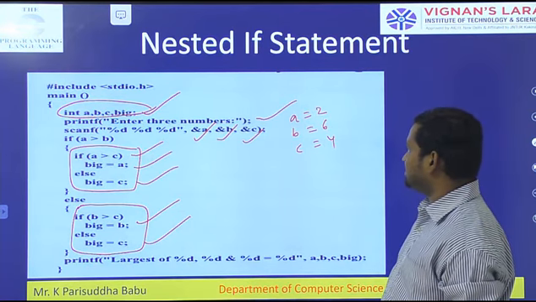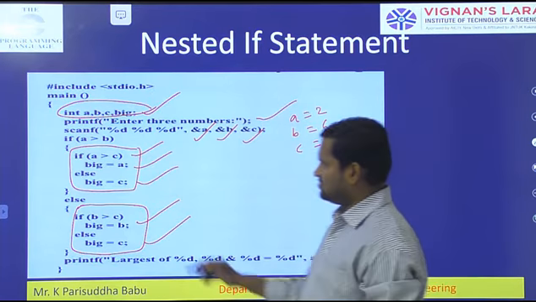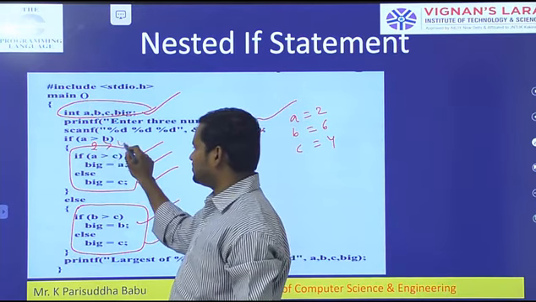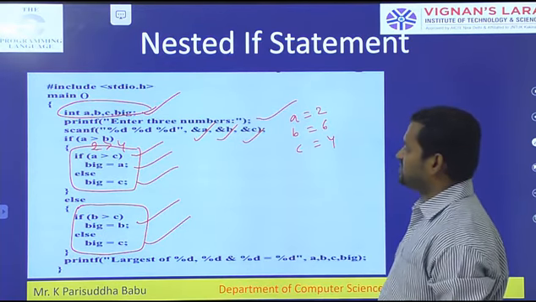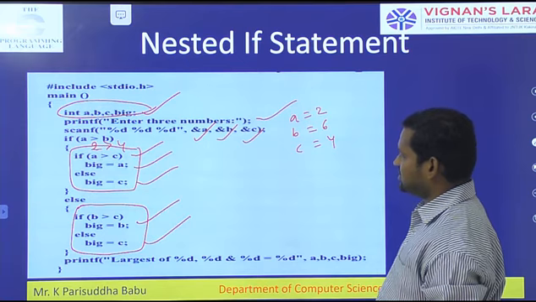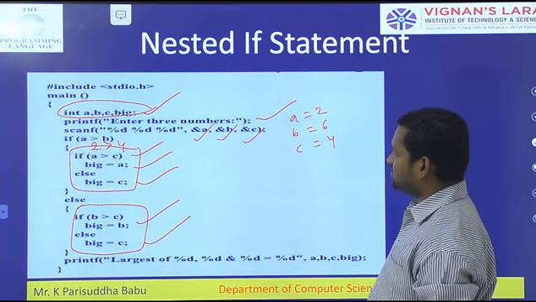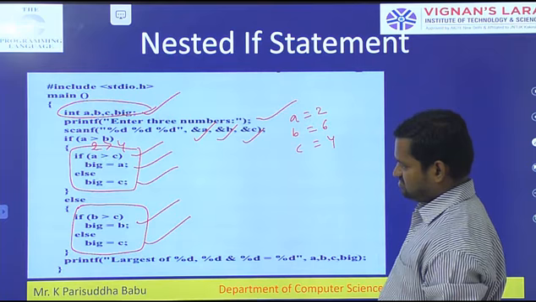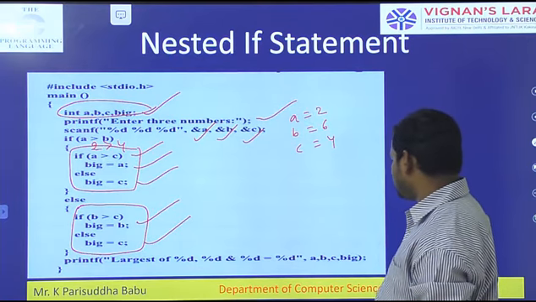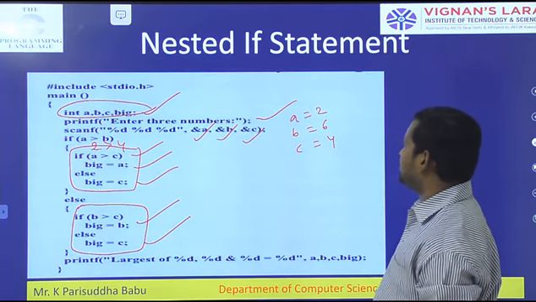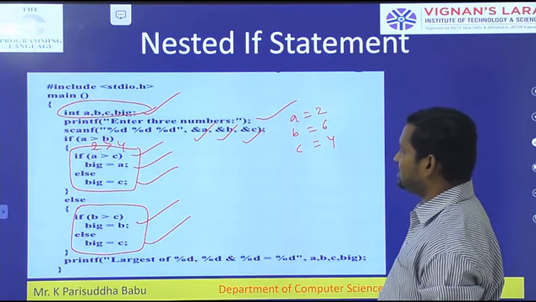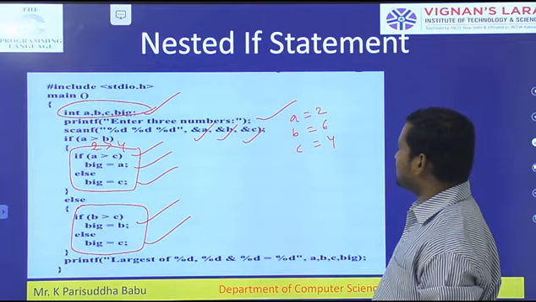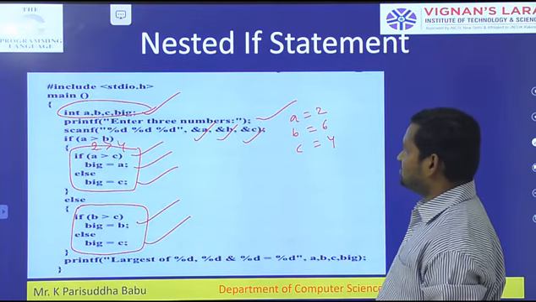If a greater than c, 2 greater than 4, what happened? 2 greater than 4 is false.